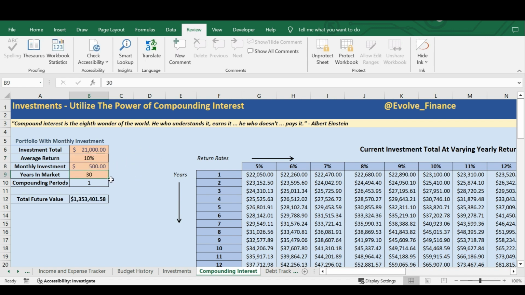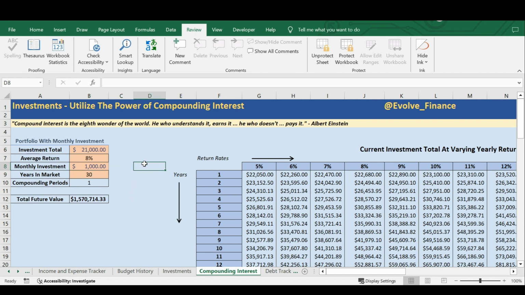After 30 years, you'll be projected to have about $1.3 million. You can adjust these numbers. More specifically, you will adjust these boxes that are colored, and you can play around with it. So for example, let's say we start with $21,000, we have an 8% return, but we're investing $1,000 a month. Over 30 years in the market, you'd be projected to have almost $1.6 million.